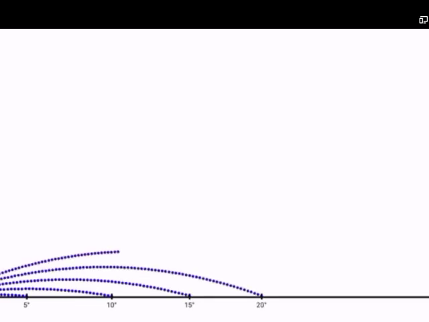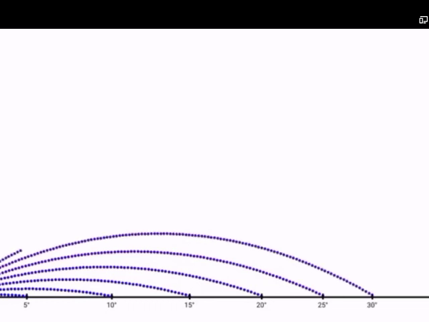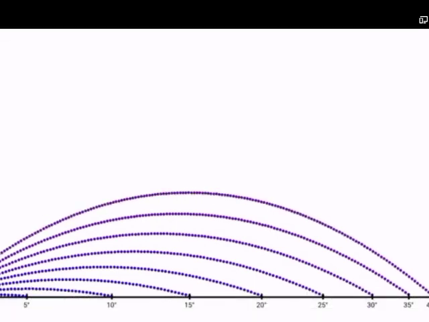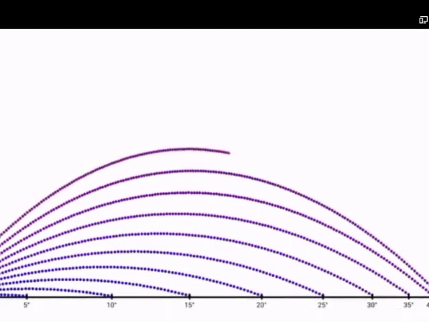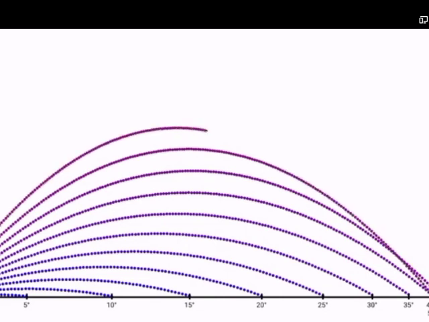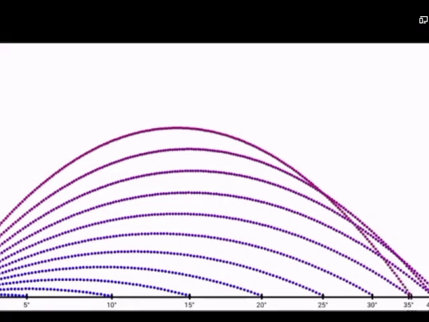This is a good example for seeing what happens to the distance when we increase the height. If we throw a stone or a ball from this origin, if the distance along the x-axis is increasing, then what will be the height? Of course, the height goes on decreasing here.